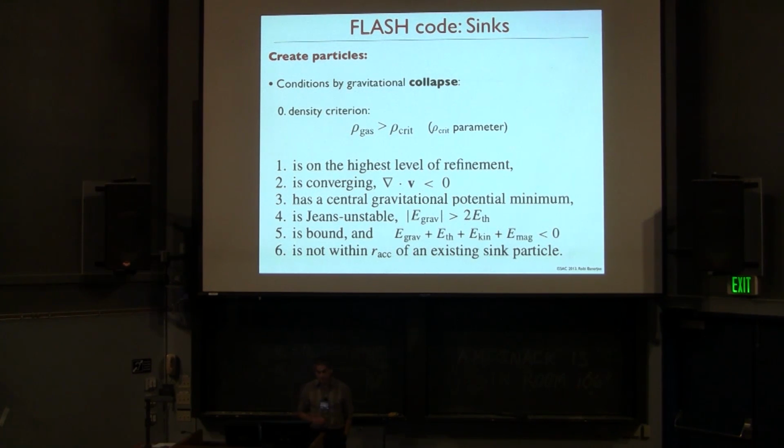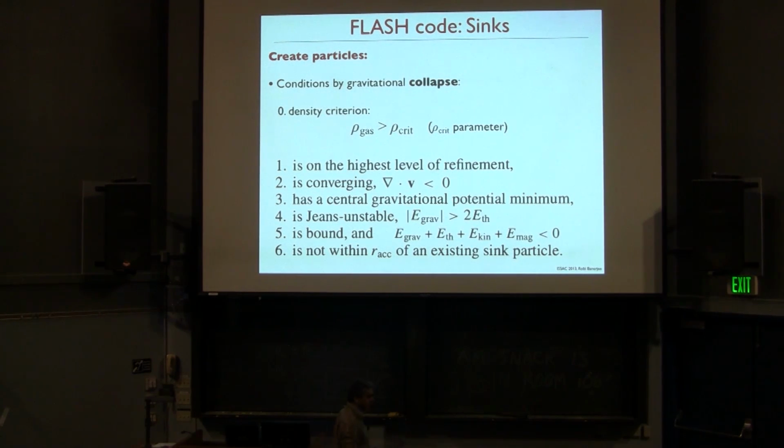It's clear, if you go through the list, that you want to catch a self-gravitating, collapsing region, not just a density fluctuation created by a shock, for instance, which might not be gravitationally unstable. So you want to make sure that all the gas in the region around the sink, using again the accretion radius, is converging towards its center.